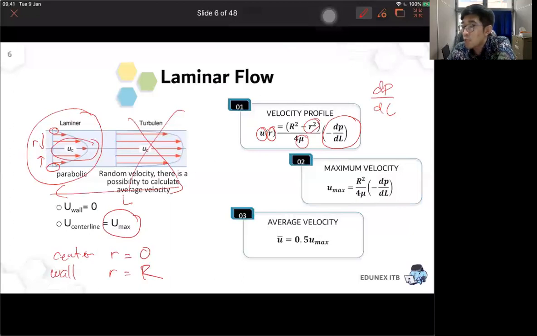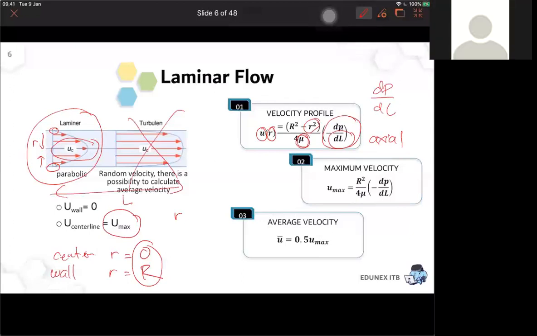But from this equation, what you can see is the velocity of the fluid at certain position will be depending on the radial position. r is the radial position from the center of the pipe, depending on the viscosity, and will be depending on the axial position. Axial means along the pipe.